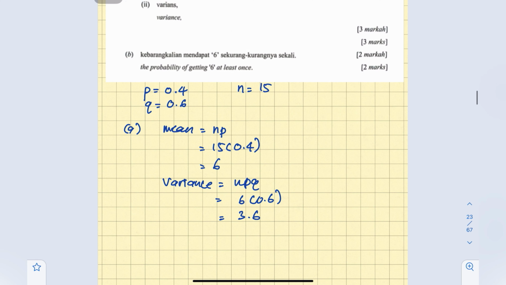Okay, B. Find the probability of getting 6 at least once.